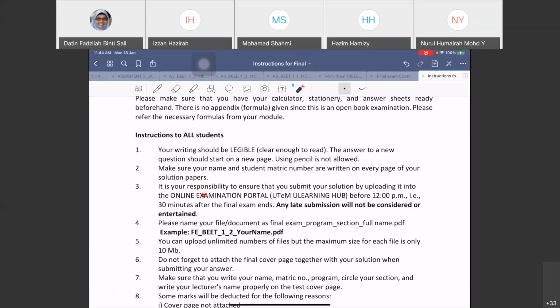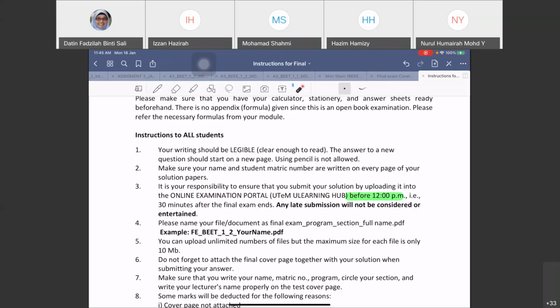And it is your responsibility to ensure that you submit your solution by uploading it into the online exam portal before 12 p.m. Because after that, any late submission will not be considered or entertained. I think they will straight away lock the system if I'm not mistaken.